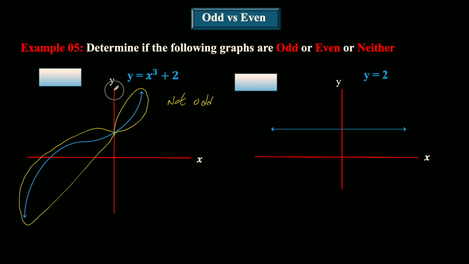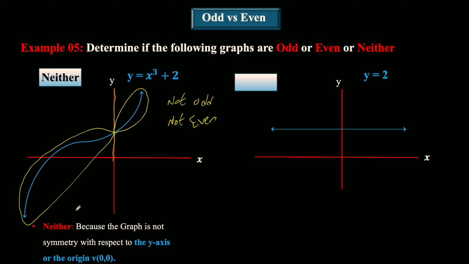With respect to the y-axis, right? So it is not even also. So hence neither, because the graph is not symmetric with respect to the y-axis to be even or the origin to be odd, okay? So it is neither.